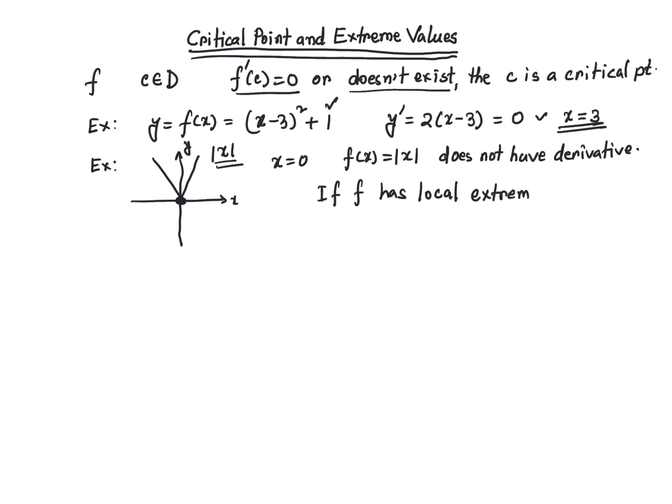By extreme, I mean either local max or local min. So if f has a local extreme at point c, then c is a critical point. That's what it is.